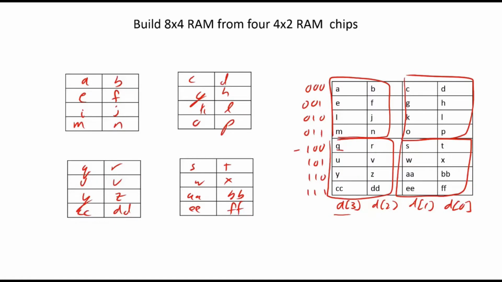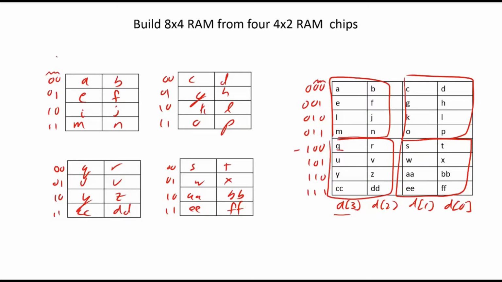Now when I think about accessing the addresses of any one of these RAM chips, what I have is address 00, 01, 10, 11, and so on and so forth. So you can see that there's the same pattern in every single one of these. These 2 bits match these 2 bits.